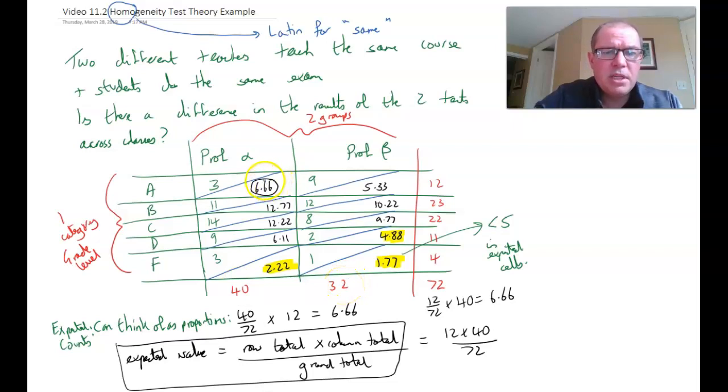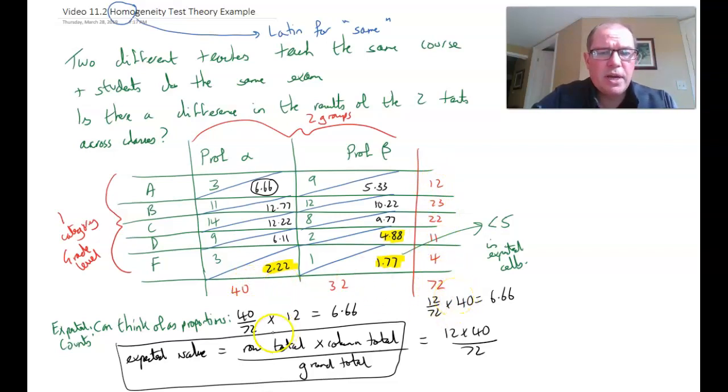So if I wanted the expected value for this cell, and you can see I've got the observed and expected shown on the same table rather than doing two different tables, one way to think about it is 40 out of the grand total 72 of both classes times the 12, or you could think of it as 12 out of 72 times the 40.